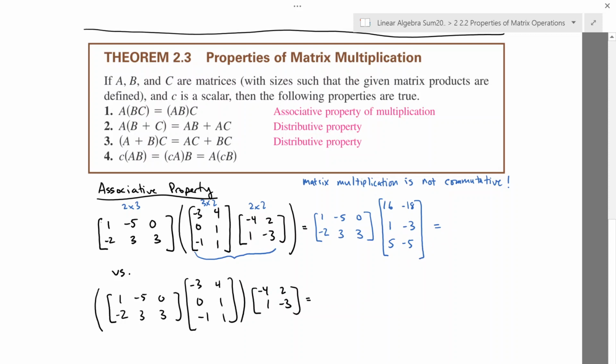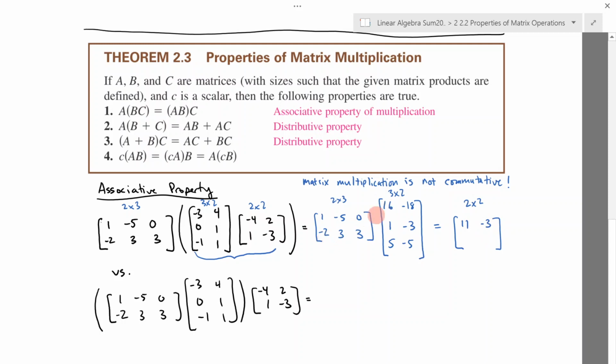Okay, so now let's multiply these two things together. So this is 2 by 3, 3 by 2. Okay, so it produces a 2 by 2 matrix. And what are the entries? It's 16 minus 5 is 11, plus 0 is 11. Negative 18 plus 15 is negative 3, plus 0 is negative 3.